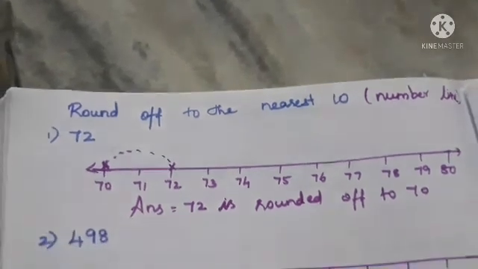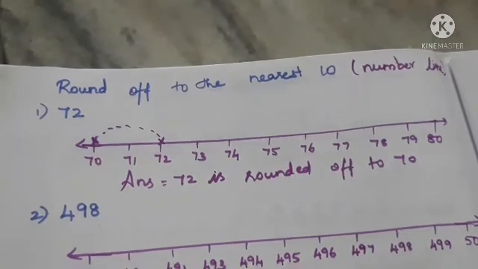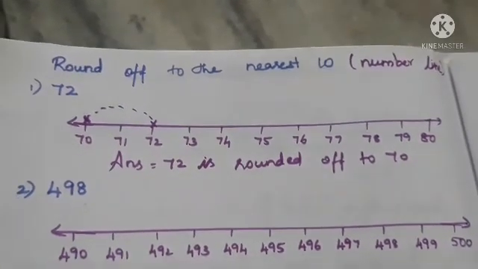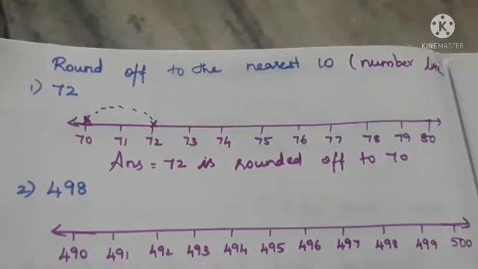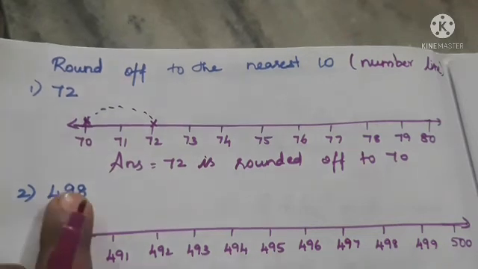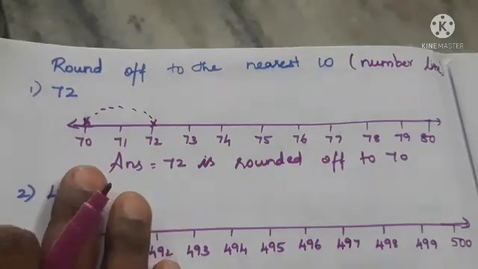Look at the next one. Next we have a 3-digit value, 498. I have already drawn the number line, but you have to draw it; they will not give the number line. For the tens place, here 72 is given, so you draw the number line from 70 to 80.